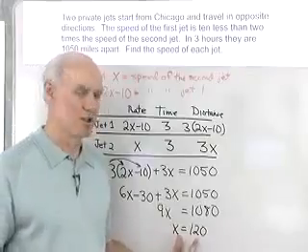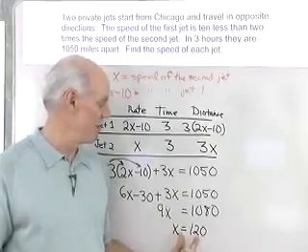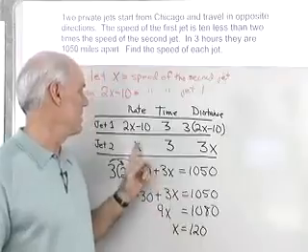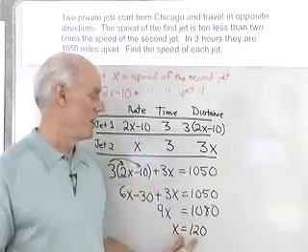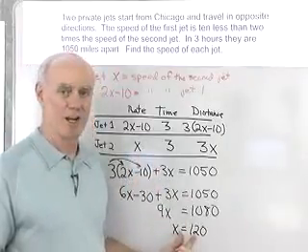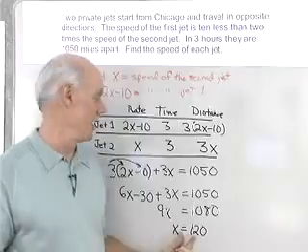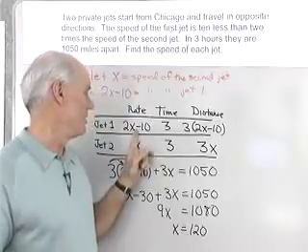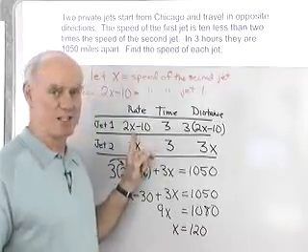So now I have to ask myself, what does x represent in this problem? x is the speed of jet number 2. So jet number 2 is traveling at an average speed of 120 miles an hour. Jet number 1 speed will be 10 less than twice that.